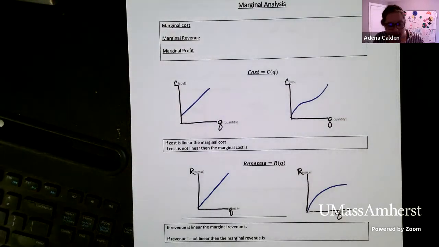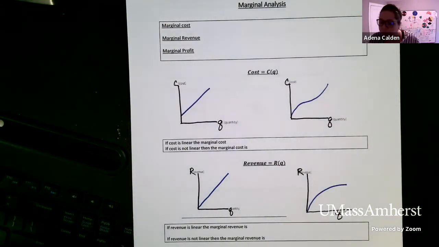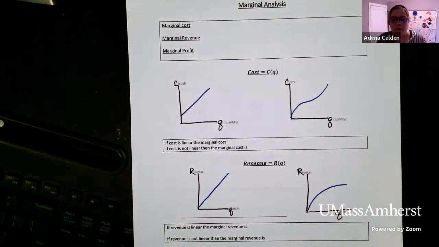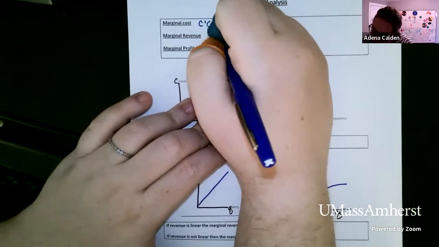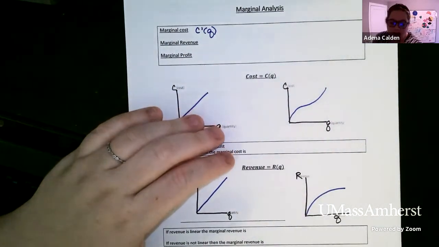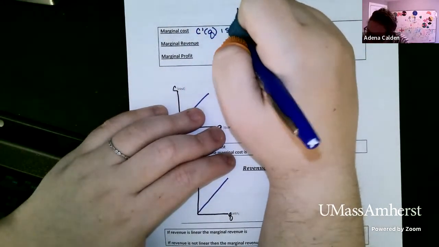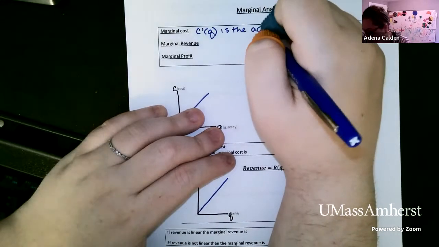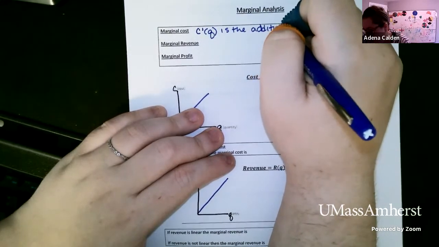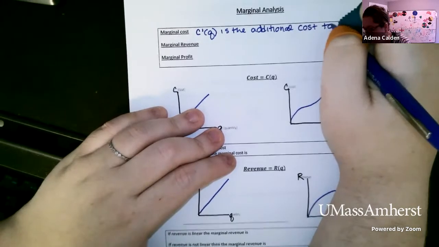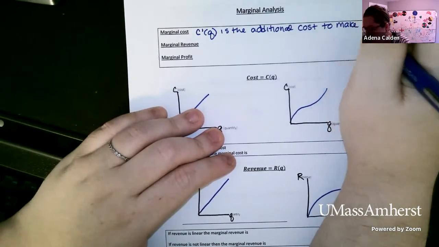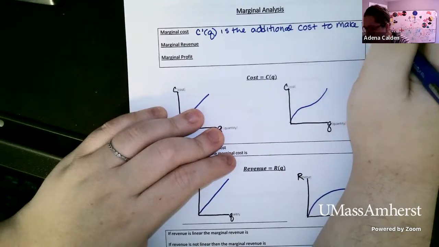So again, we're going to broaden our definitions here. So marginal cost, which we're going to notate as C prime of Q, so the derivative of cost, is the additional cost to make one more item.